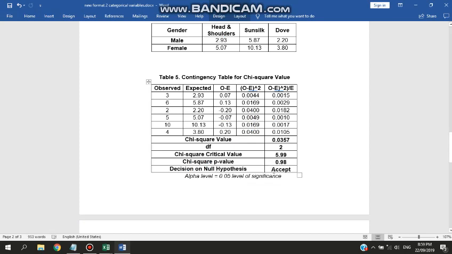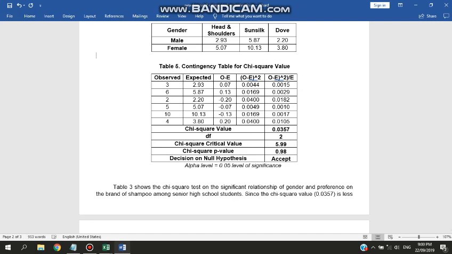So again, if the p-value falls below 0.05, you have to reject. Otherwise, if it falls above the 0.05 level of significance, you have to accept the null hypothesis, meaning there is no significant relationship between the two variables.